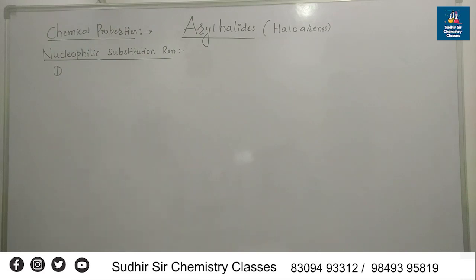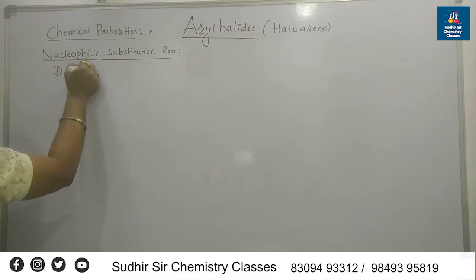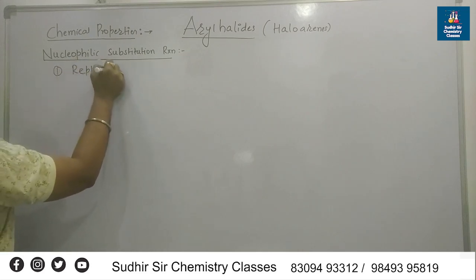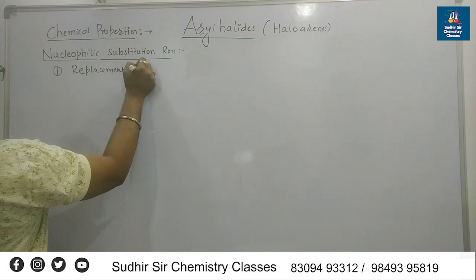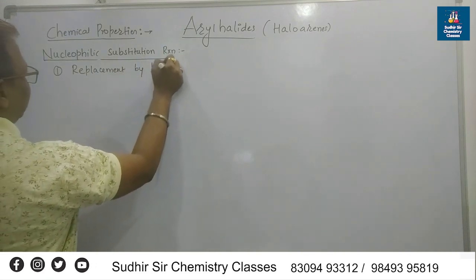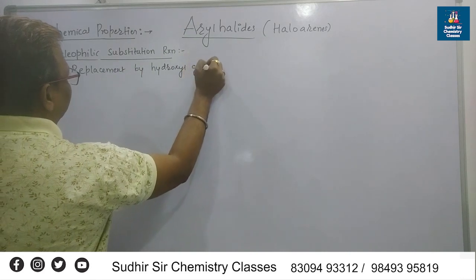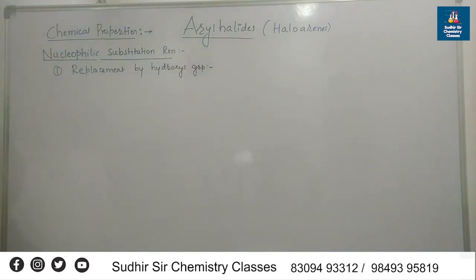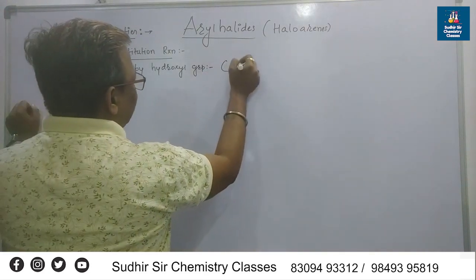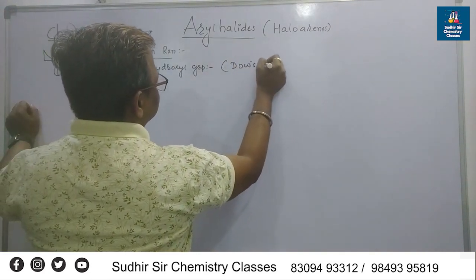So better to say, beta, replacement by hydroxyl group. But the replacement by hydroxyl group, the name of the process is called the Dow process.